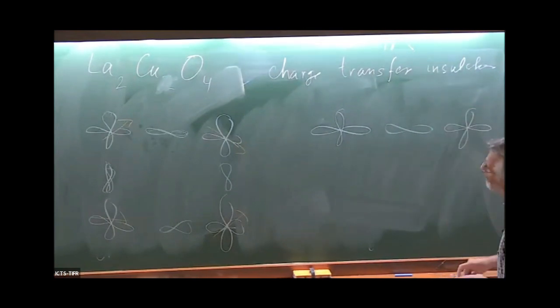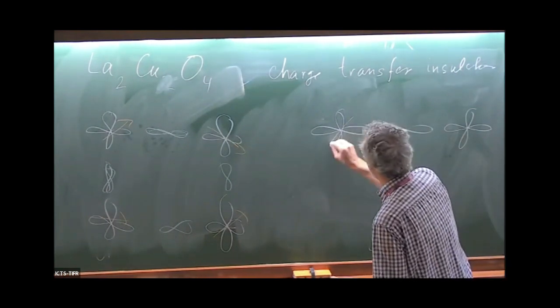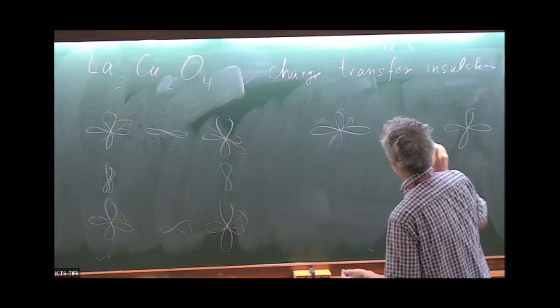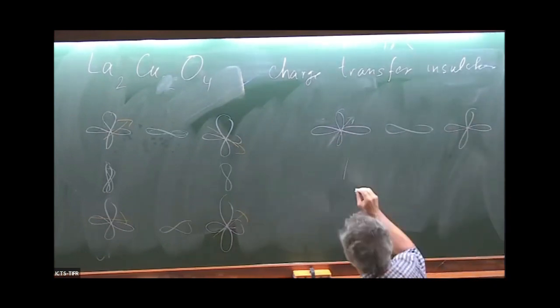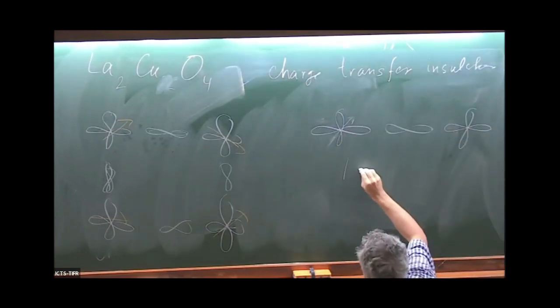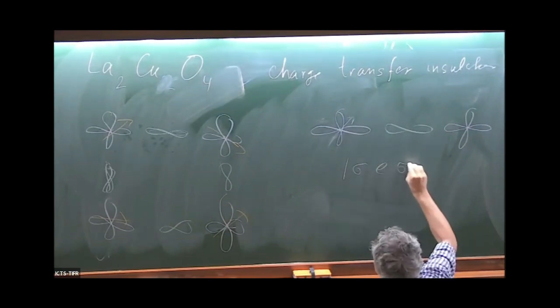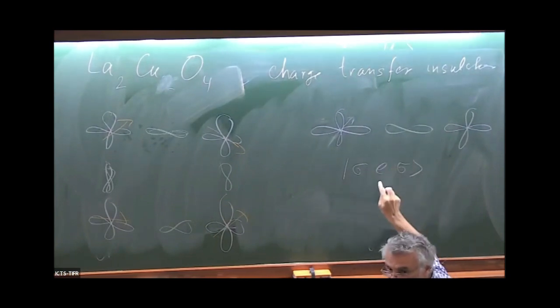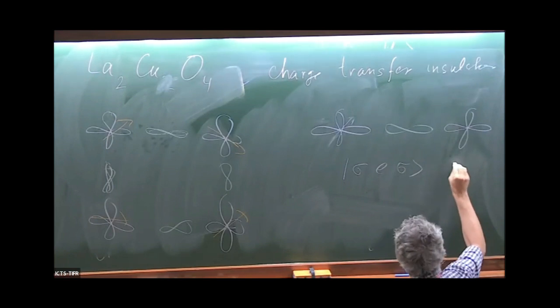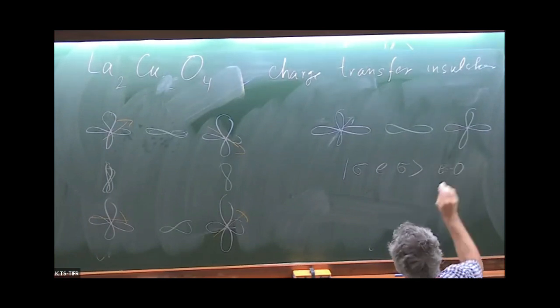If there is a spin sigma on one copper, empty in the middle, and sigma on the other, where the middle one is the oxygen, this will have energy that is essentially zero.